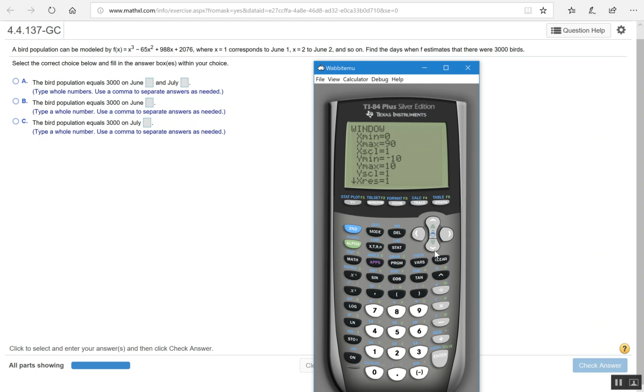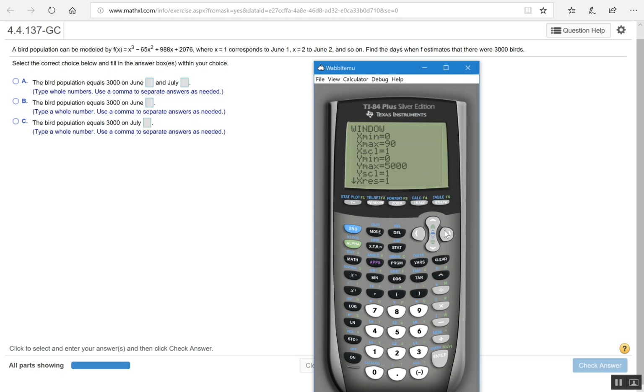For the y, it doesn't make sense to have a negative number of birds, so I'm going to start at 0 birds. For y max, ultimately I'm interested in seeing where there are 3,000 birds, so maybe 5,000.